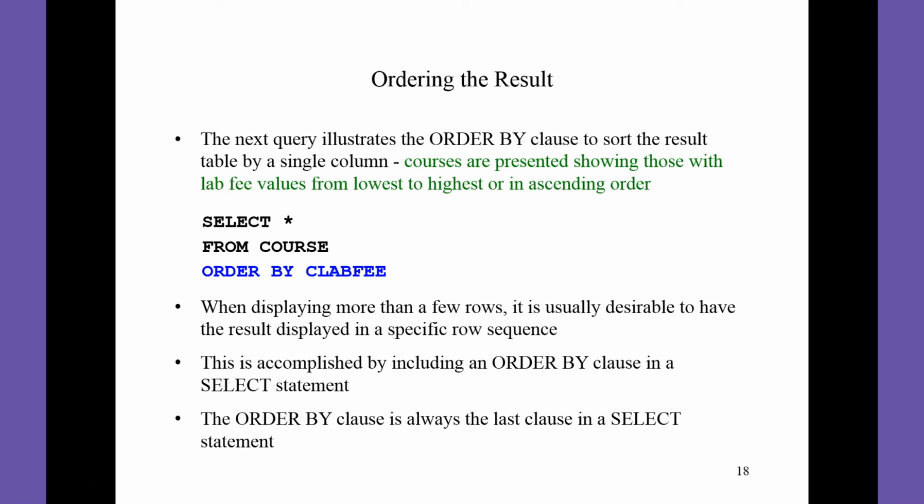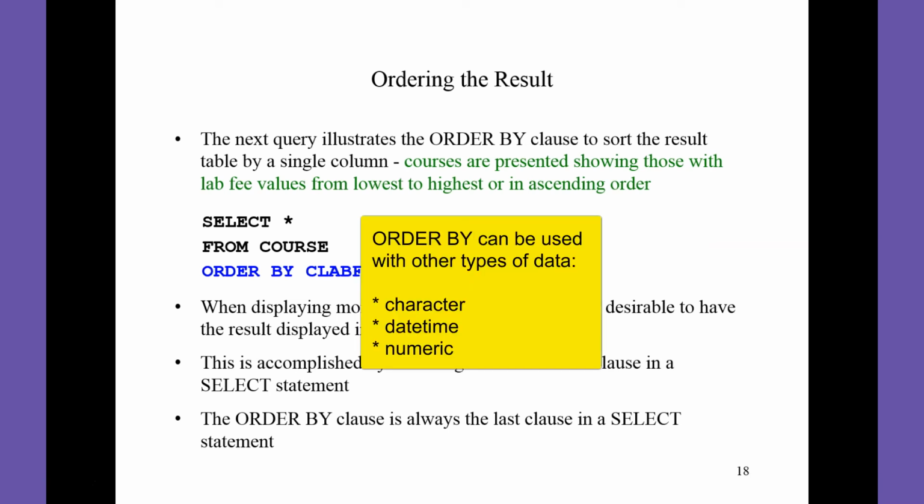If we wish to have the rows returned in a descending order, going from highest displayed first down to the lowest displayed last, we could say ORDER BY lab fee DESC for descending. In our example here, we're ordering by a numeric column, but we can also use the ORDER BY clause to order the result set by character data or date-time data.